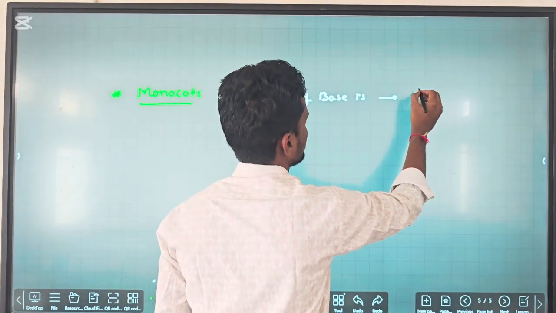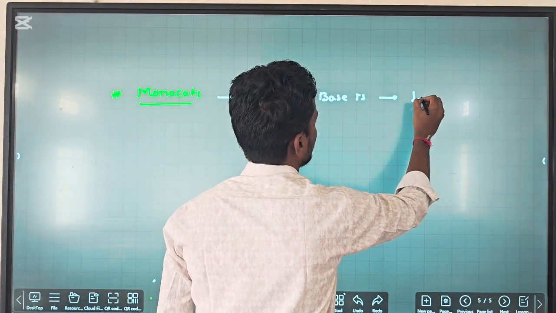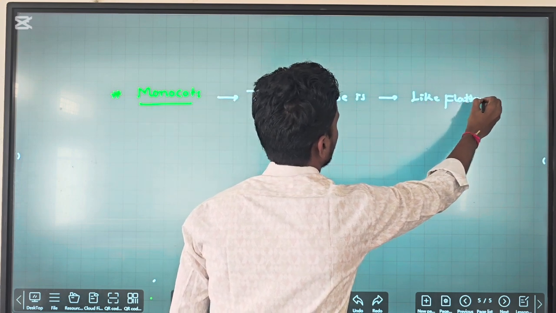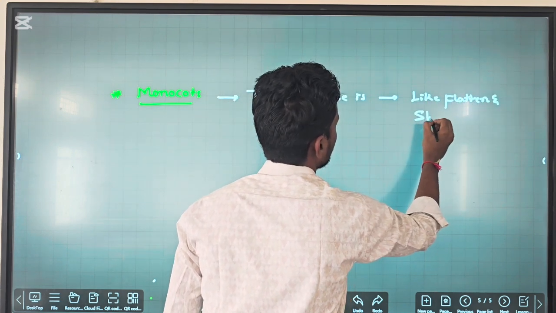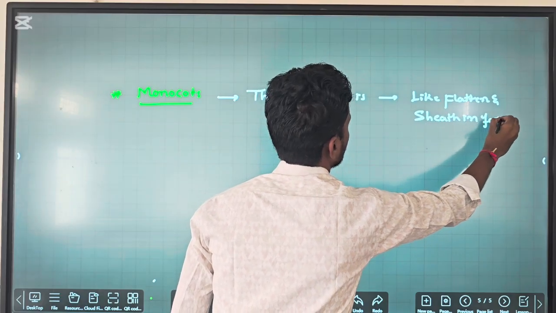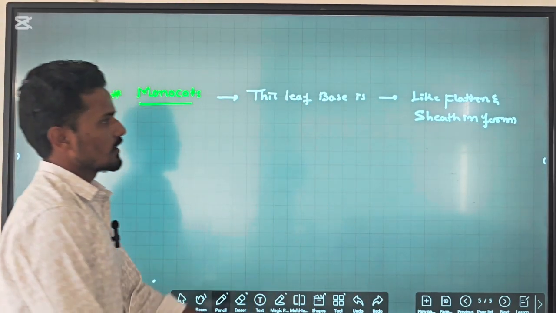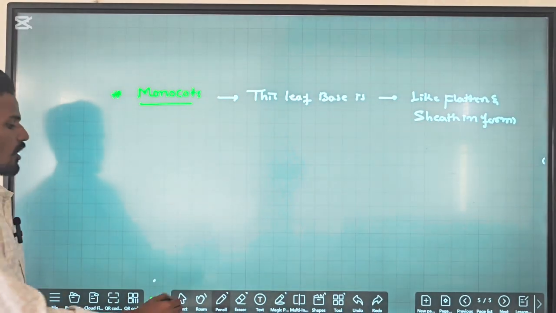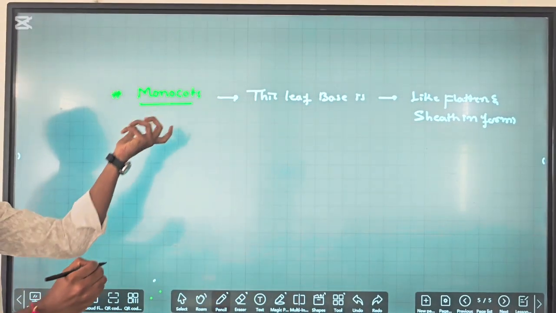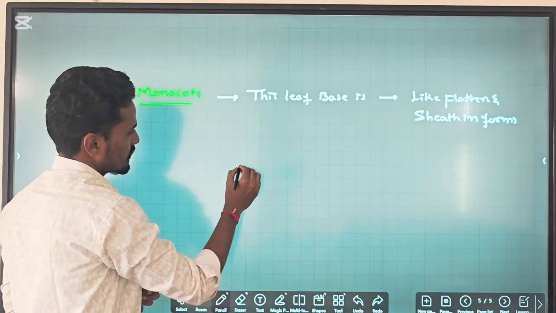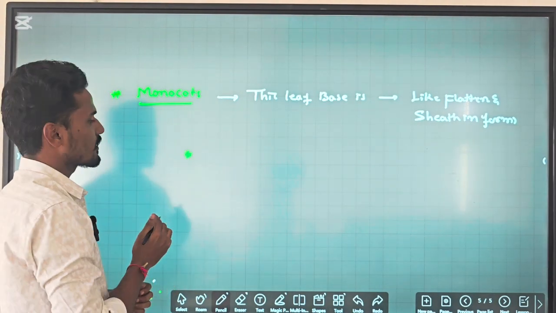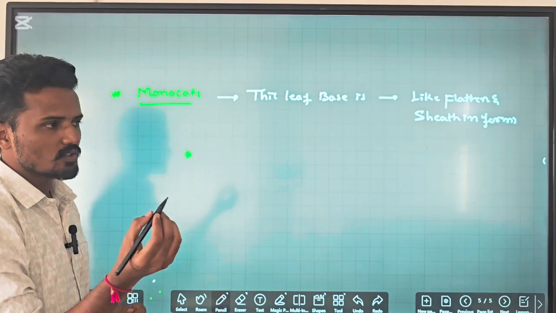The leaf base is flattened and sheath in form. We'll see diagrammatically how the leaf base is formed into a sheath. Commonly we take the example of Saccharum officinarum or sorghum.